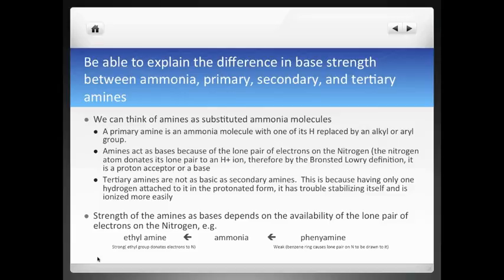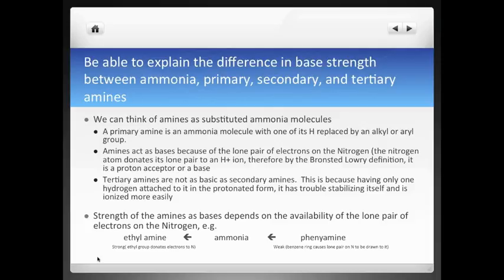The strength of amines as bases depends upon the availability of the lone pair. And you can see in this trend that ethylamines are stronger bases than ammonia or phenylamines.